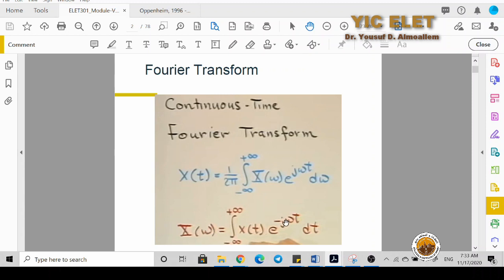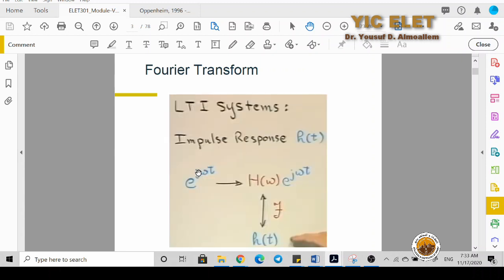And if we flip the sign here and we use the same term, we will use it to go back from frequency domain to time domain, as we have seen in the synthesis equation. So this is what we have seen as a Fourier transform. This is the notation.